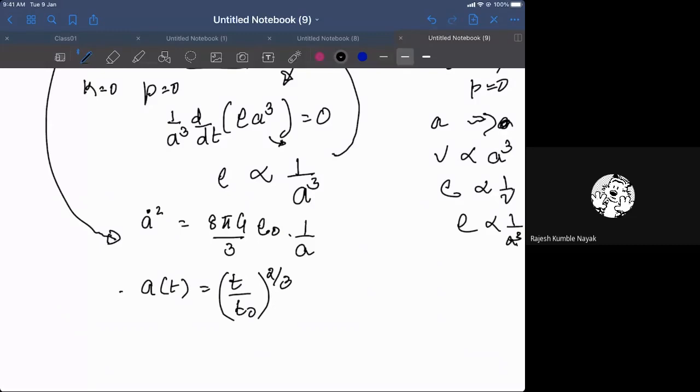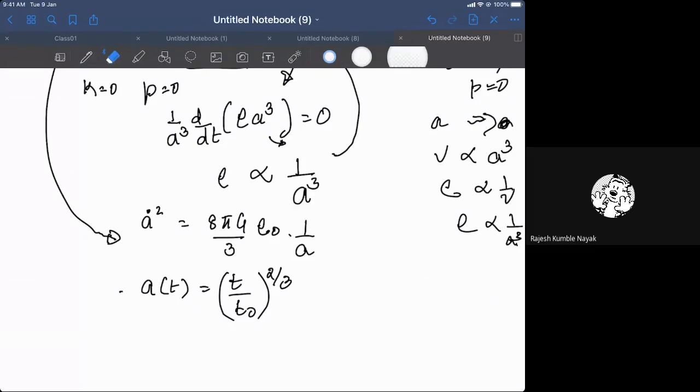How do we solve this? Well, this is a solution by guess. You can simply say that a is equal to t to the power n. Of course, t naught is needed, otherwise dimensionally you cannot adjust it, and then you can simply find out n. This is called the power series method.